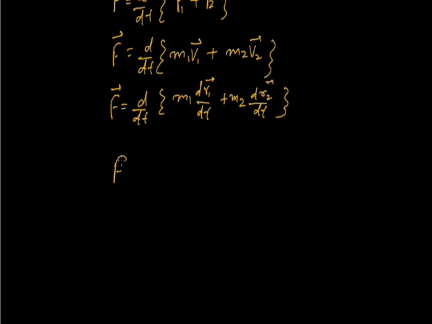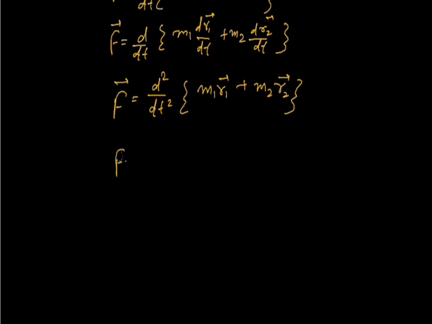F vector is then d2 by dt square of m1 r1 vector plus m2 r2 vector, taking d by dt as common from both the steps.